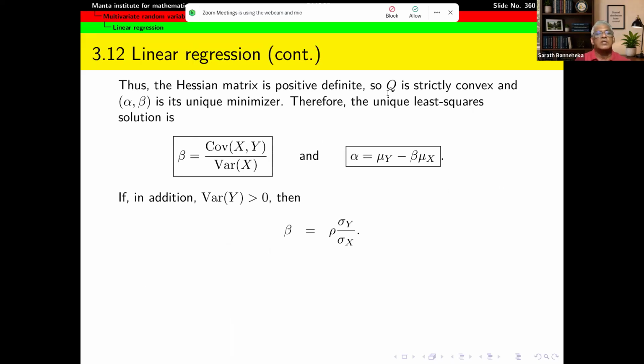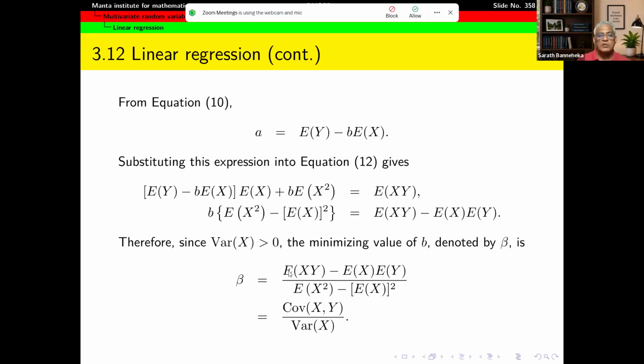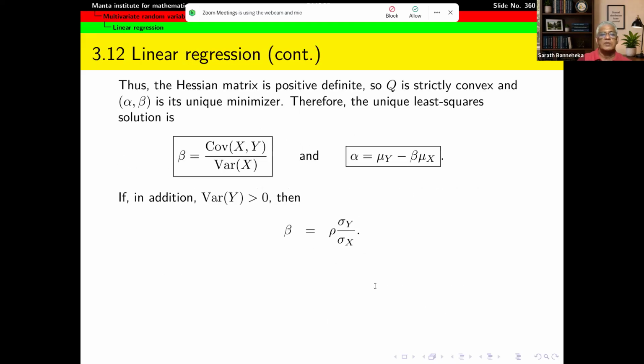So the unique least squares solution (alpha, beta) is given by alpha equal to mu y minus beta mu x, where beta is given by covariance of x, y divided by variance of x. Here this quantity is the covariance, and this is the variance.